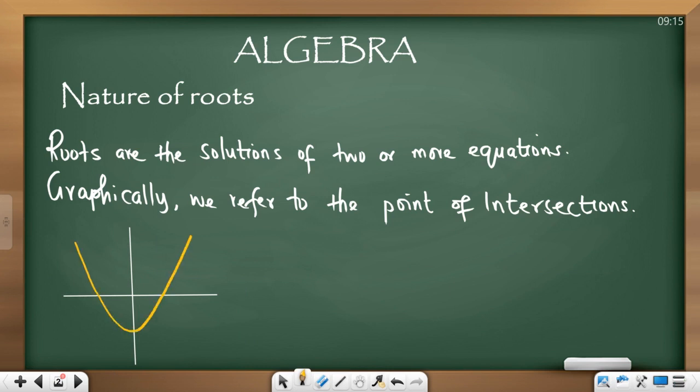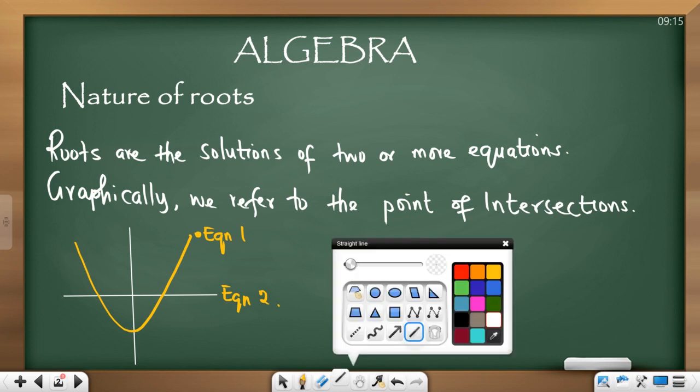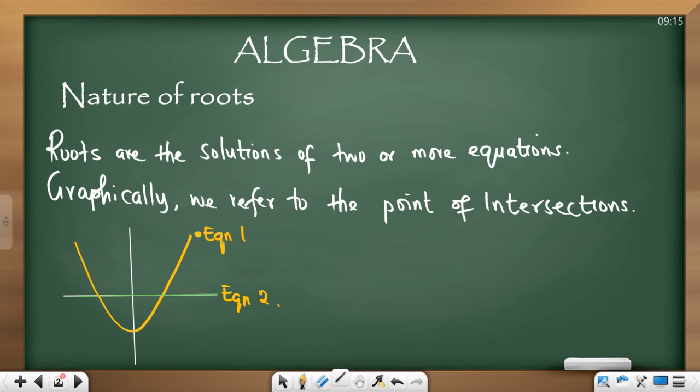If I draw this, there are three equations here. This is the first one, equation 1. Are you aware that that is another equation, equation 2? Hence, we say it is the point of intersection between two. Let's make this green. Hence, we say these are the roots, the point of intersection between two graphs.